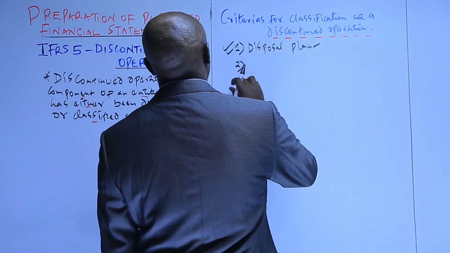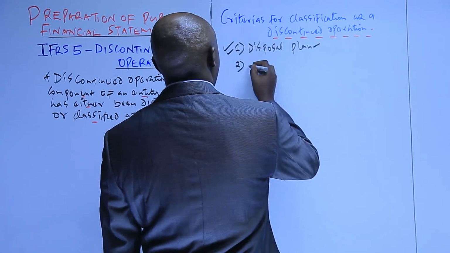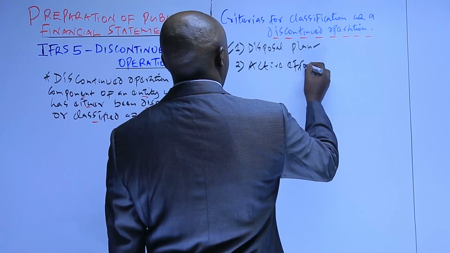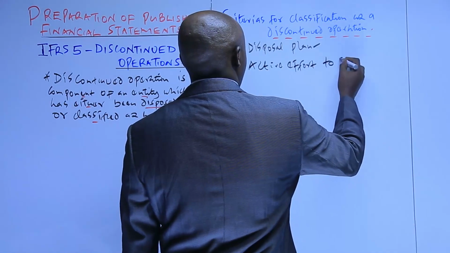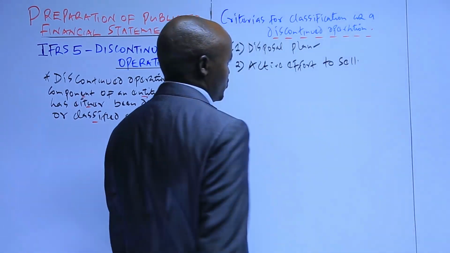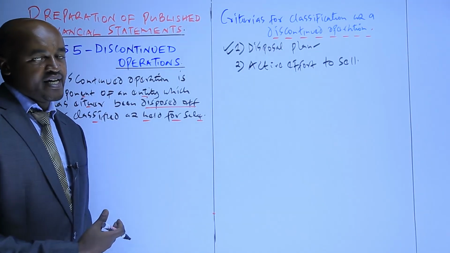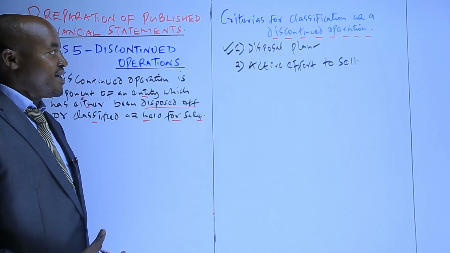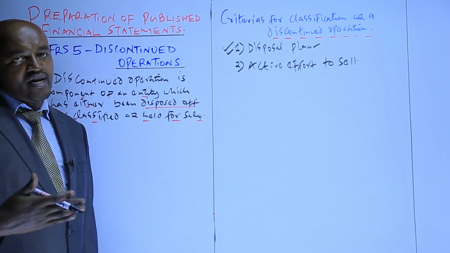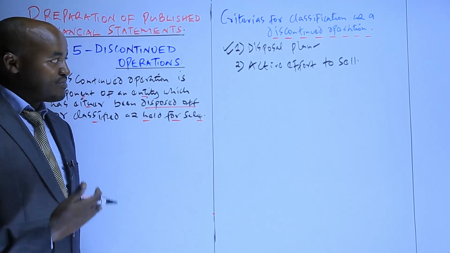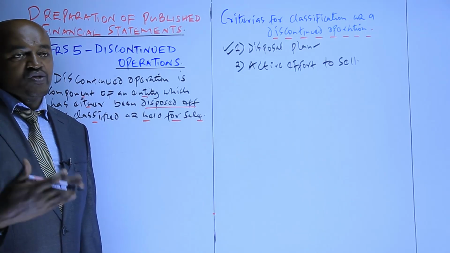The other criterion, number two, is that there must be some active effort to sell. Other than the management or directors of the company making a decision that an asset is to be sold, there must be some active effort to sell that particular asset.